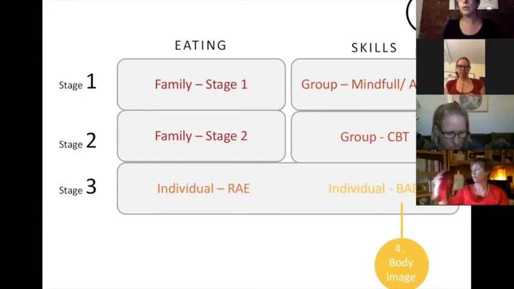So we call them intolerance behaviors because there's an intolerance of negative emotions, anxiety, guilt, disgust, physical feelings like being full, etc. So again, with RAE, we're focused on mitigating eating and intolerance behaviors. But in BAE, what we are looking to do is decrease body focused behavior.